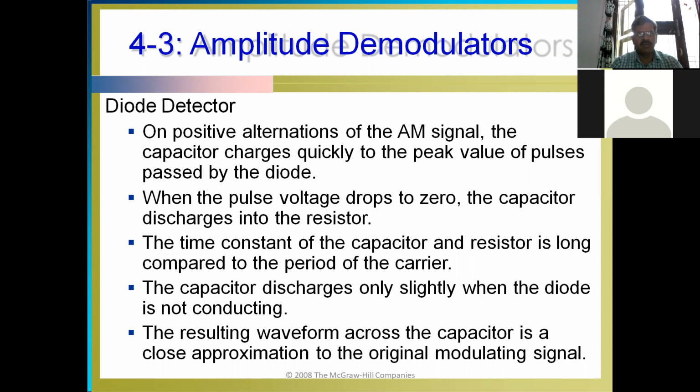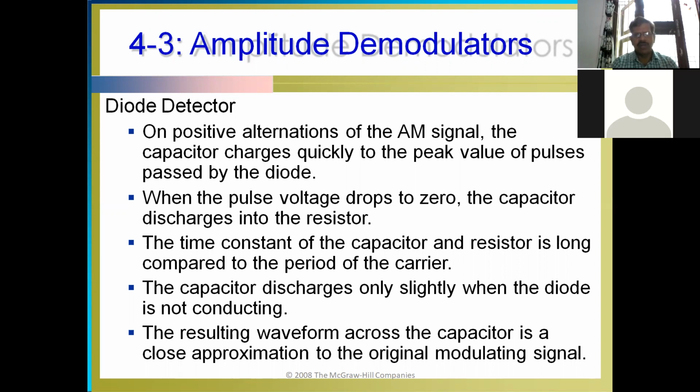So this is the working principle of this demodulator device. On positive alternation of the AM signal, the capacitor charges quickly to the peak value of the pulse passed by the diode. When the pulse voltage drops to zero, the capacitor discharges into the resistor.